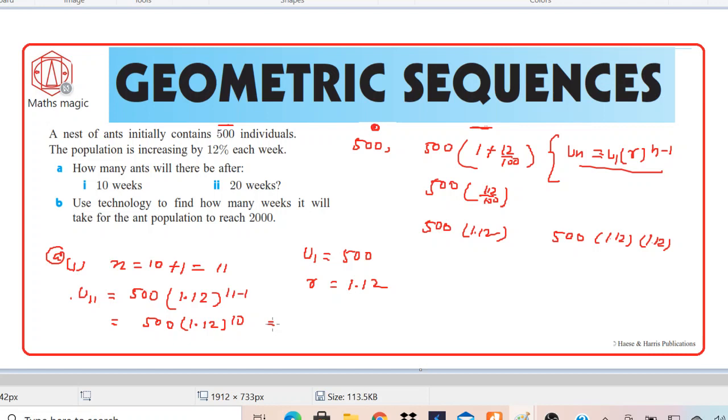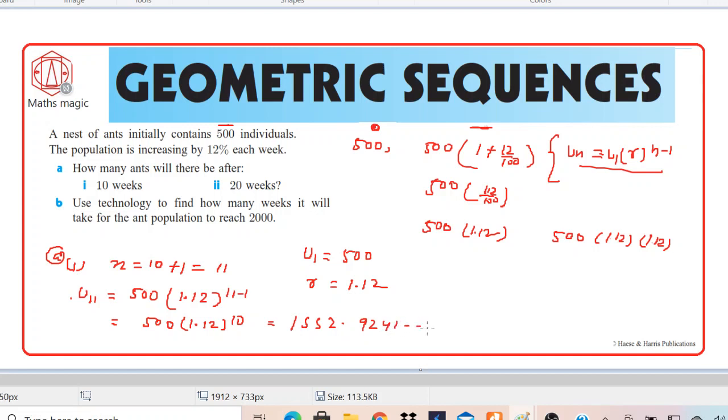So it's 1.12 to the power 10. Let's use the calculator. It's to the power 10 and then times 500. So it's approximately 1552.9241, and so on.